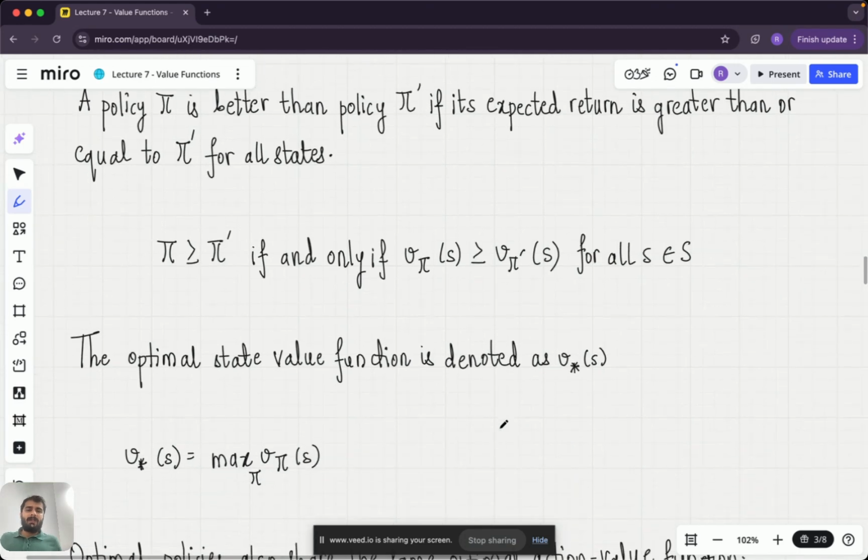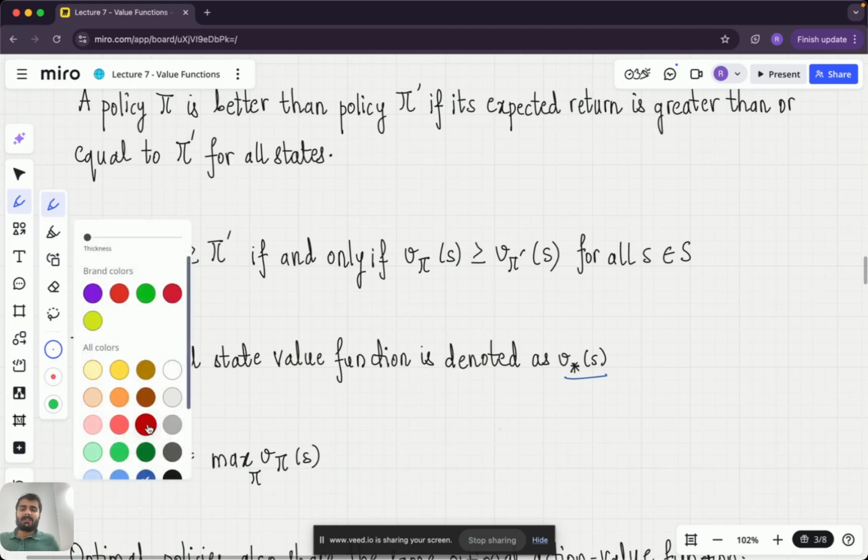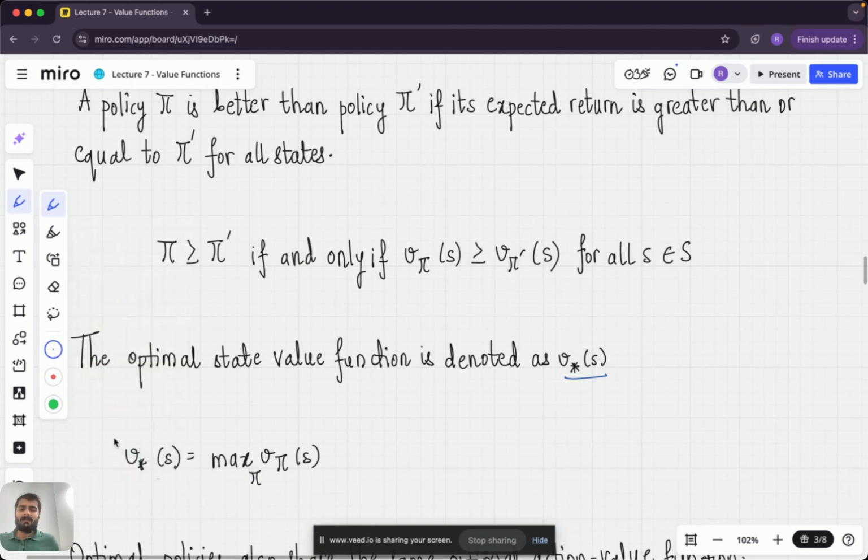So here we define the optimal state value function as v star of s, where v star of s is equal to maximum of, basically we find a policy which maximizes the value function for all the states.